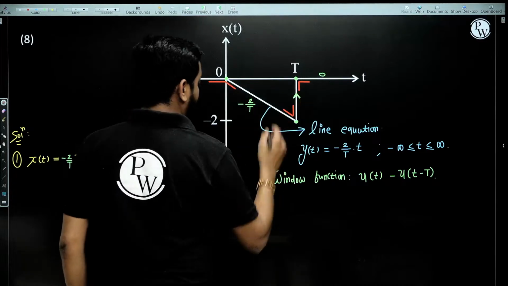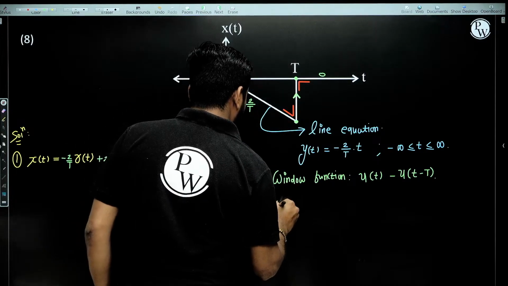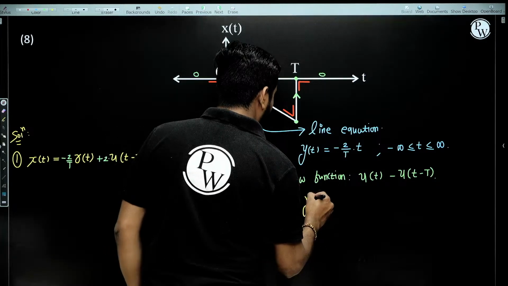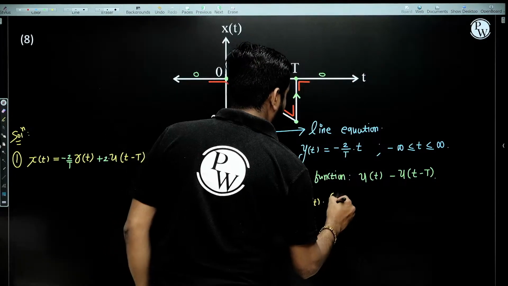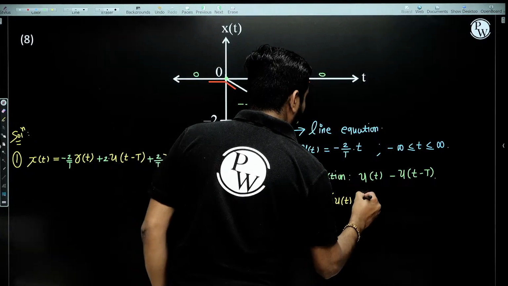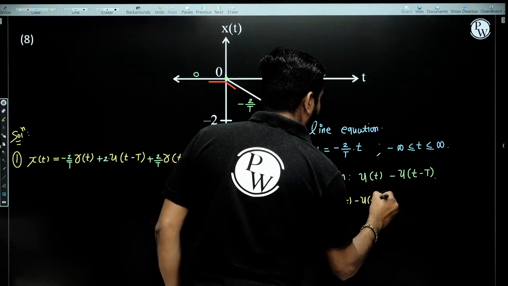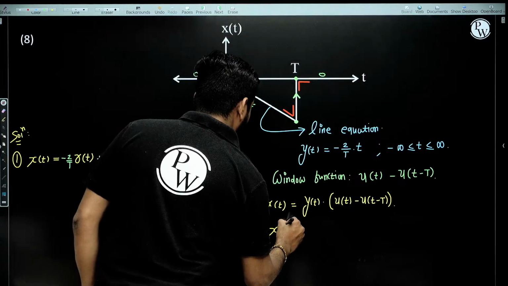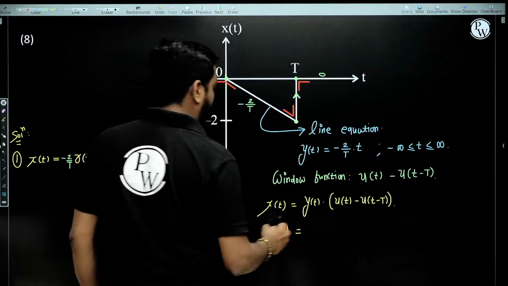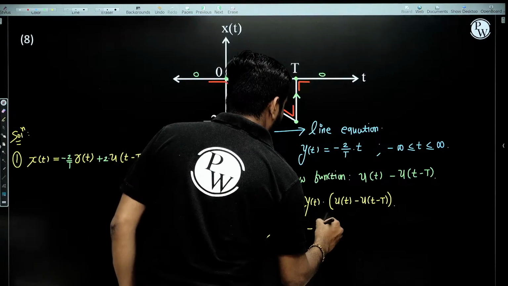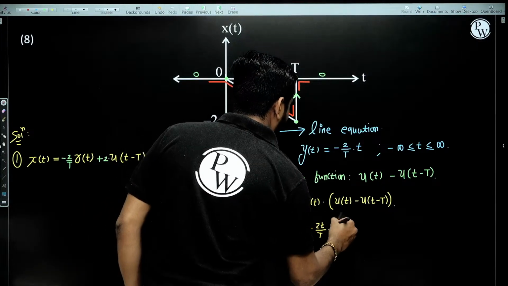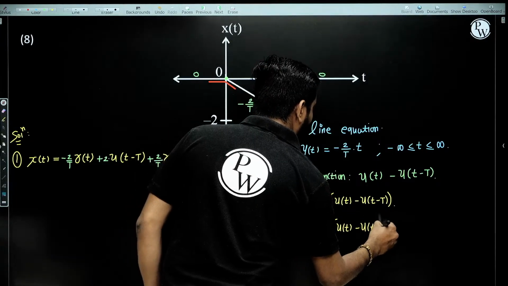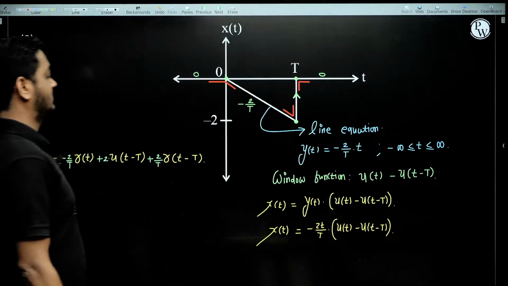So x of t will be y of t times this window function. So x of t equals minus 2t by capital T into u of t minus u of t minus capital T. Okay, let us cross verify this question.